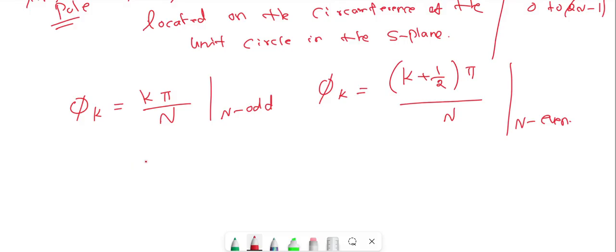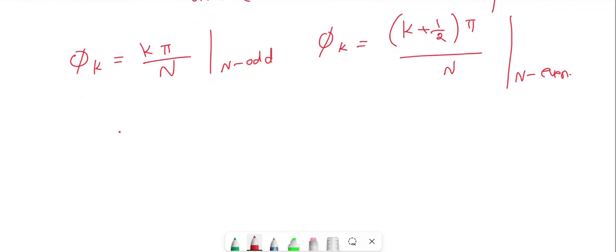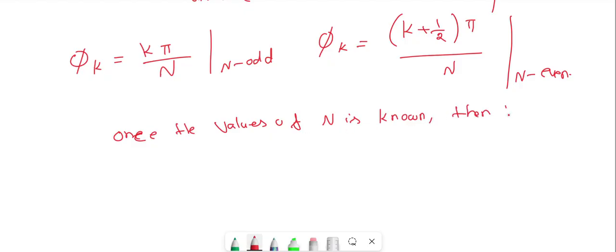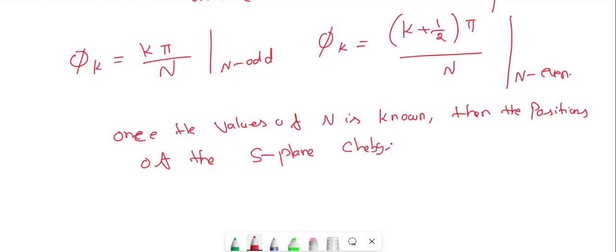Once the value of n is known, then the positions of the S plane Chebyshev poles may be determined.